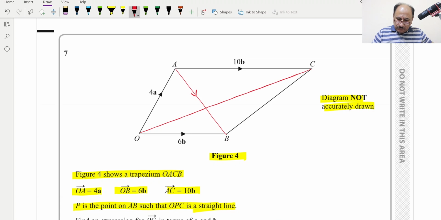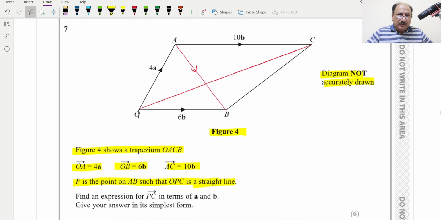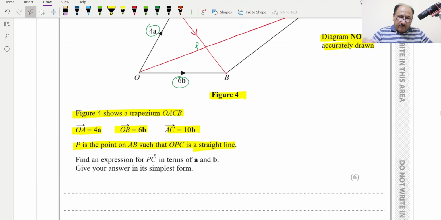Also this is a straight line, and this is basically the point P, and this is 10b, this is 4a and 6b. Now find an expression for PC in terms of a and b. Give your answer in simplest form.